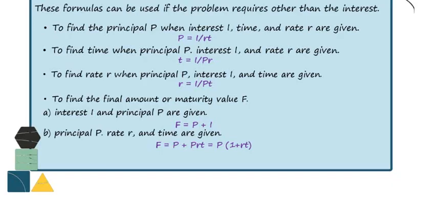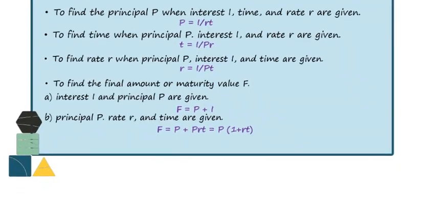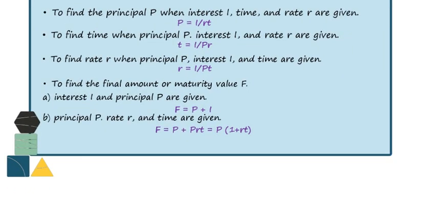So if we are going to make use of the variables used for principal, that's going to be P plus our interest. So that would make up our final amount or future value. Therefore, F is equal to P plus I. So we could use that if you have the principal and then you have the interest, you could directly find yung ating final amount or maturity value.